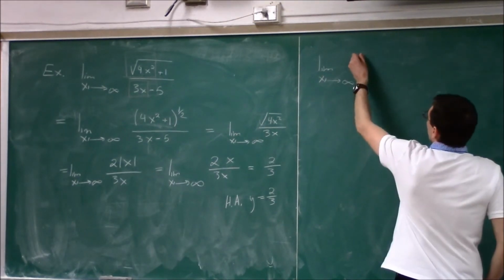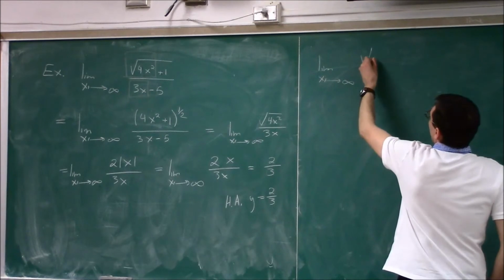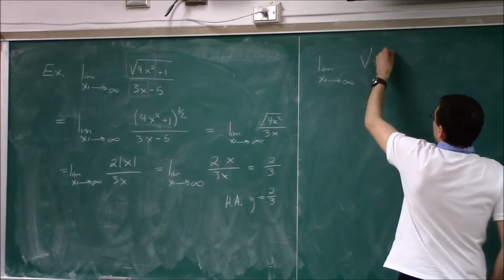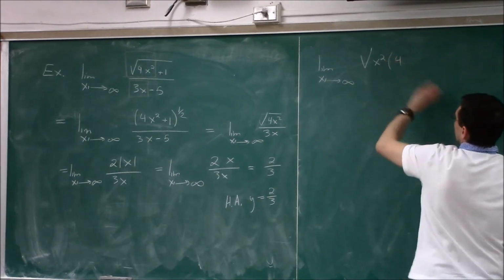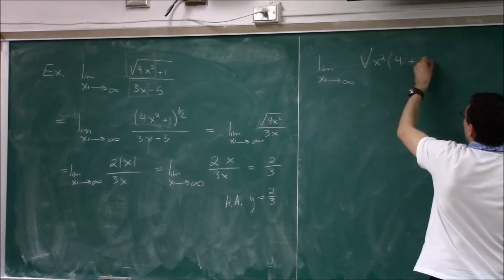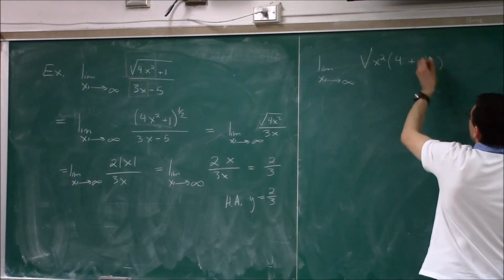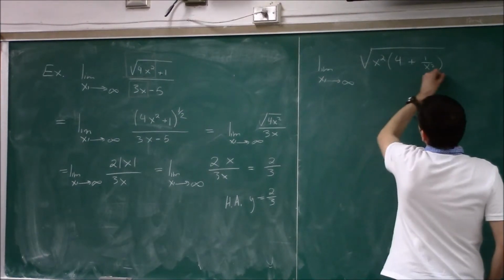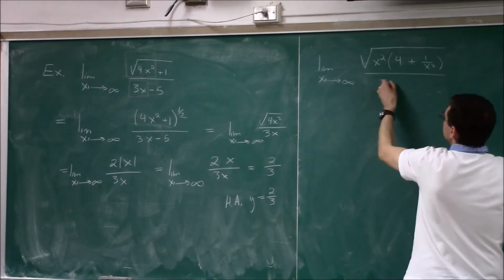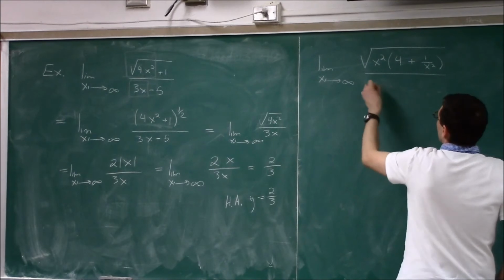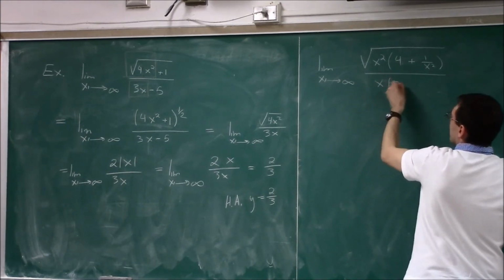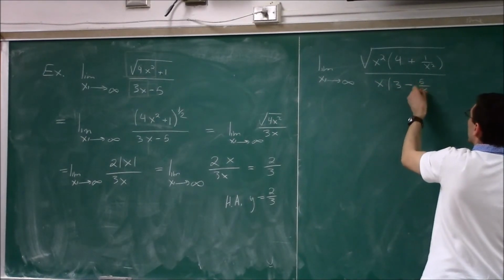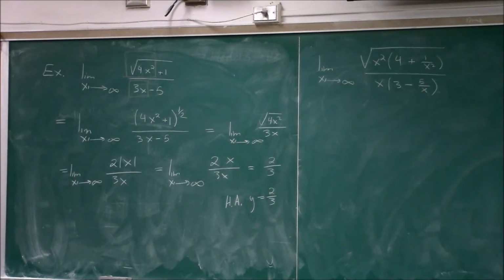So what I do is I take the root and I factor out x squared. Here I have 4 plus 1 over x squared, divided by, I factor out x, and I have here 3 minus 5 over x. So far, everything's good. Everything's the same.